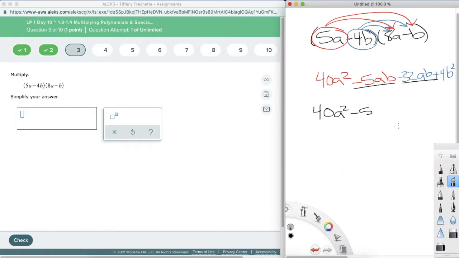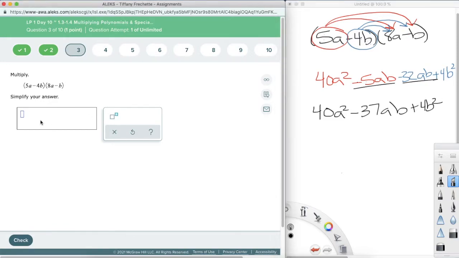There we go. So 5 plus 32 is 37, and I keep that negative sign, plus 4b squared. 40a squared minus 37ab plus 4b squared. All righty. Perfect.